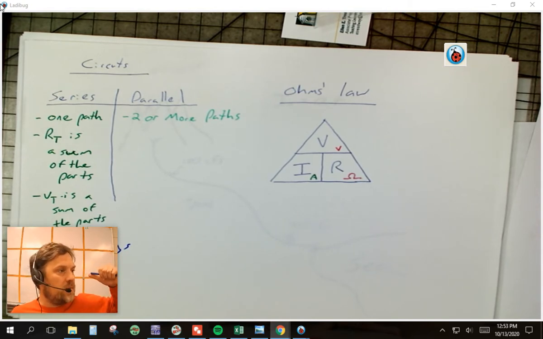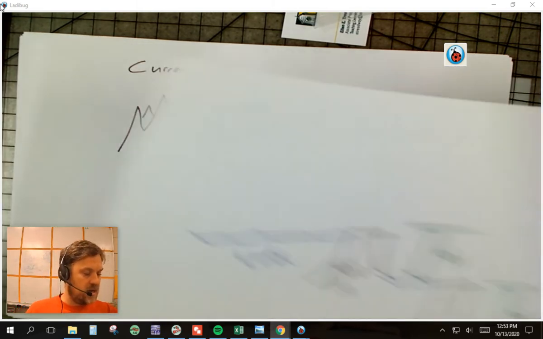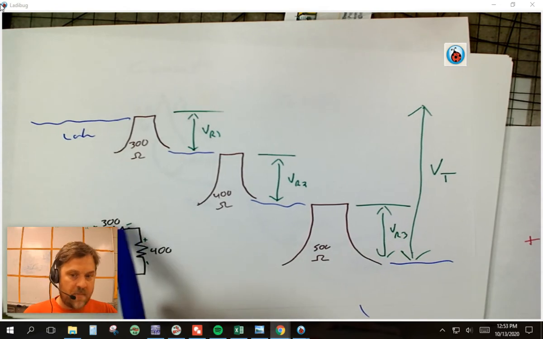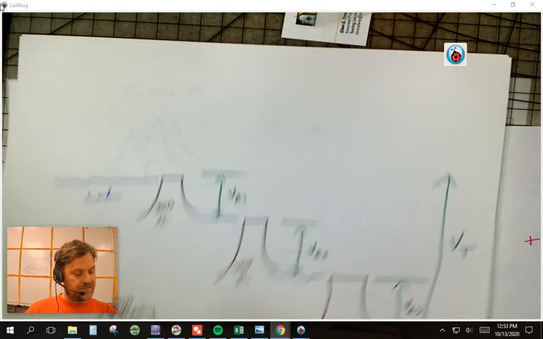The same amount, right? No matter what the resistance is, if it's wide open, the same amount of water going in that hose is the same amount of water going out. So in a series circuit, going back to this guy here, it's the same thing. It's one path. So what's coming in has got to be going out. Okay.